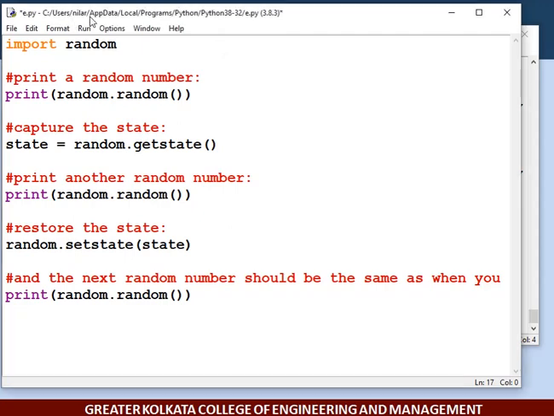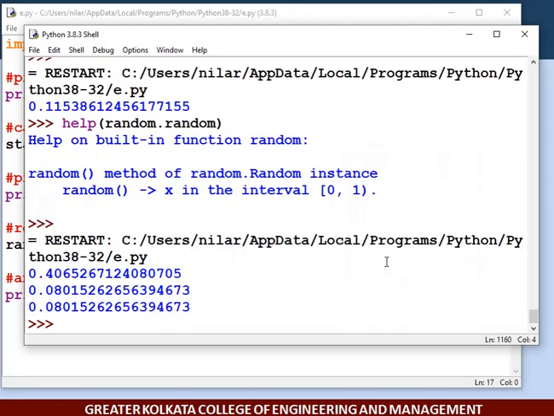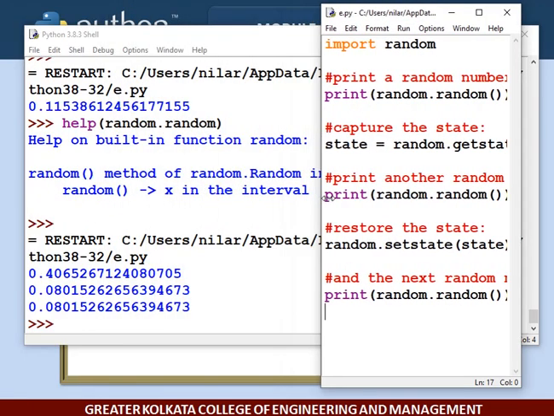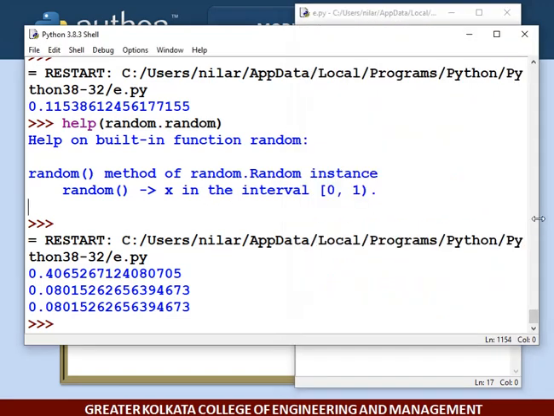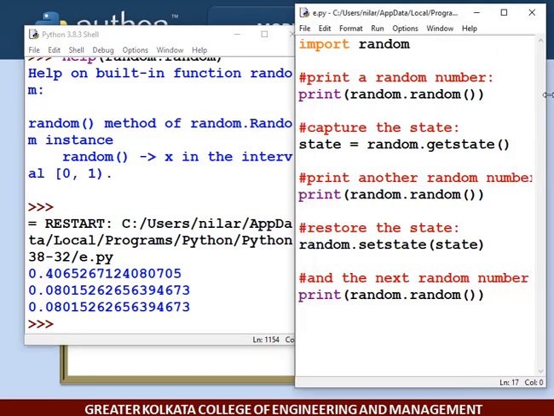So now run this code. You can see for the first coding purpose, I am explaining what has happened there. Here in this code you can see random.